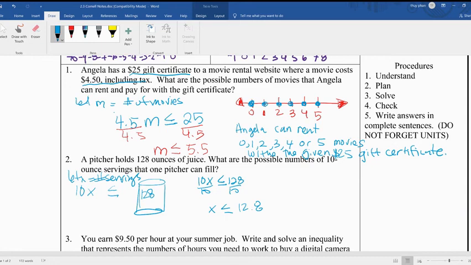In this problem, realistically, it's talking about the amount of servings. We are looking for possible numbers, so no fractional amounts, because we're talking about actual whole servings.